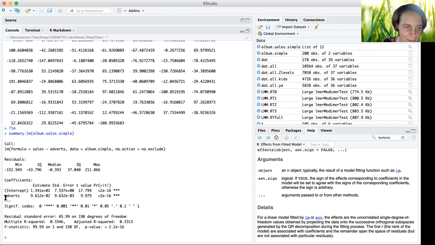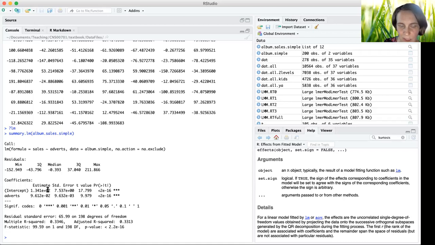I mentioned that earlier, right? So the intercept, we don't care about that anyway. And then that's the interesting part here, your regression coefficient, the slope parameter for advertisements, your predictor. And we see that's roughly 0.1, right? If you're not familiar with this notation, it's a power of 10, and it just means move your decimal point by that number of positions, right?